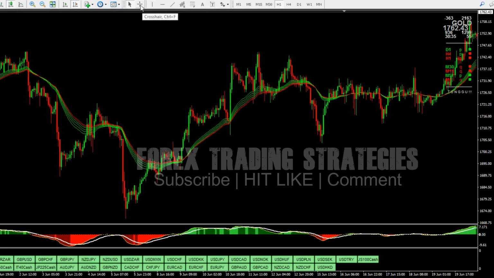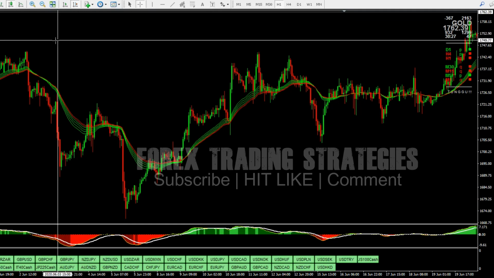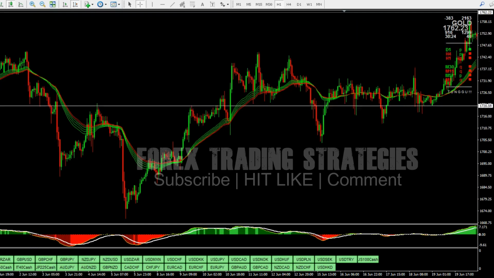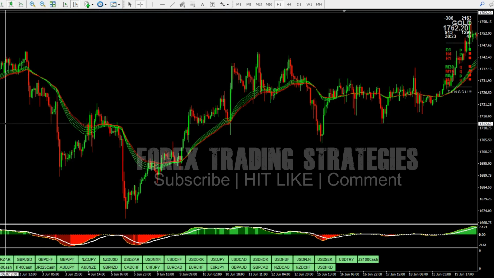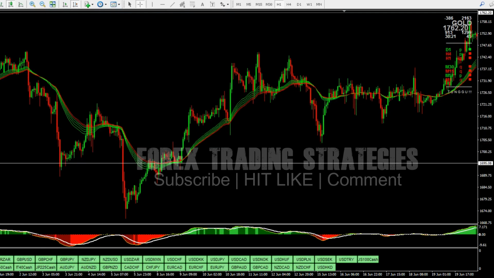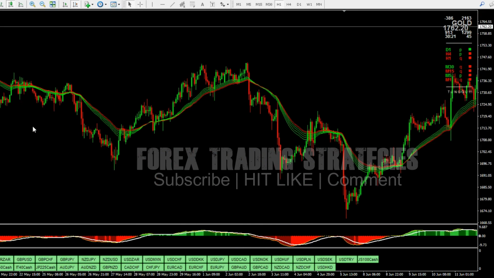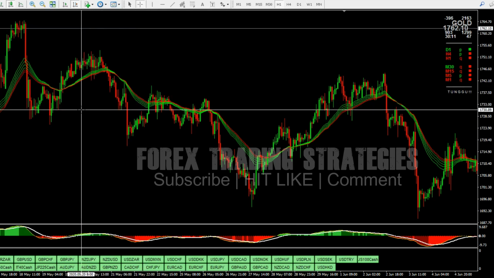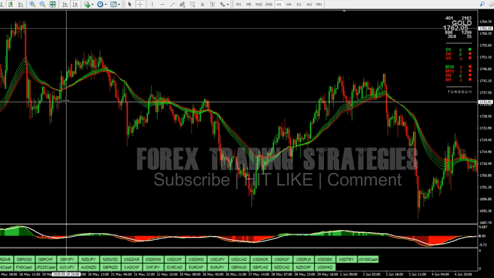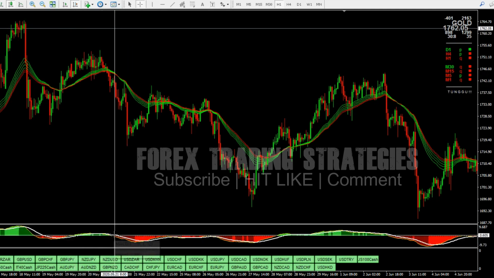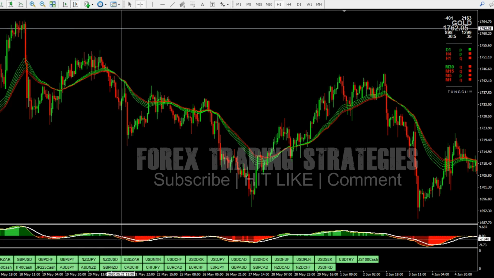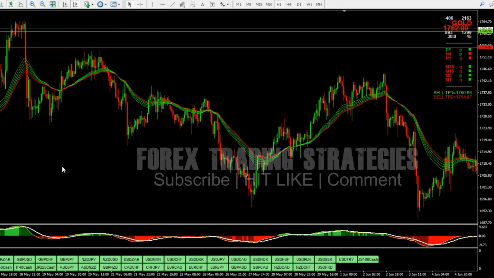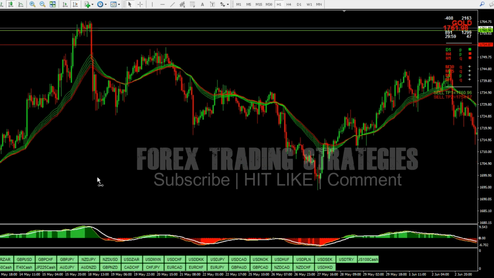How do you enter? You are waiting for price to come into the rainbow indicator, and you wait and see how price interacts with this indicator. And the MACD below helps you to filter out the bad trades. Of course, you are not going to win 100%.